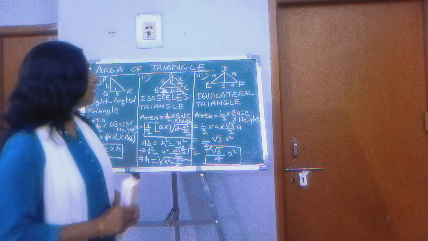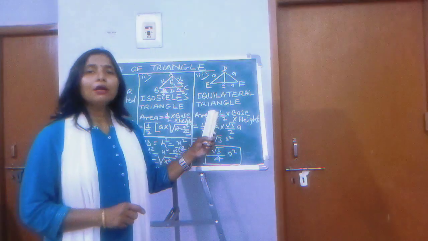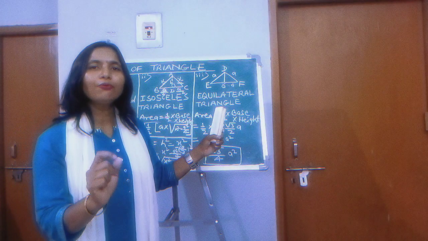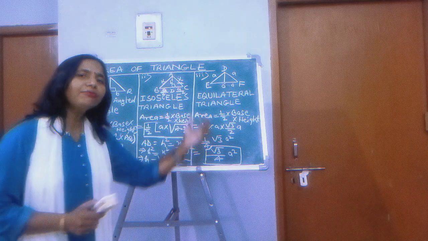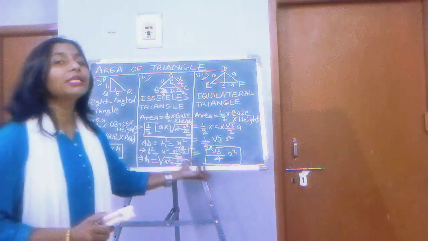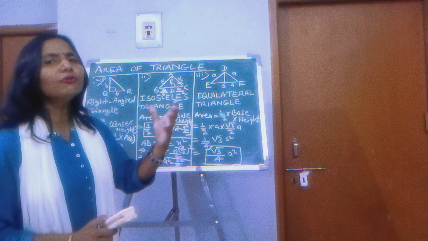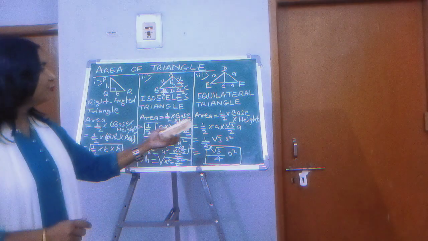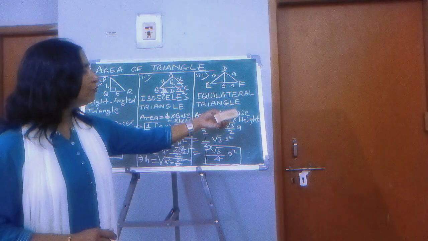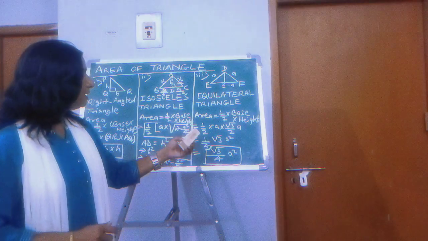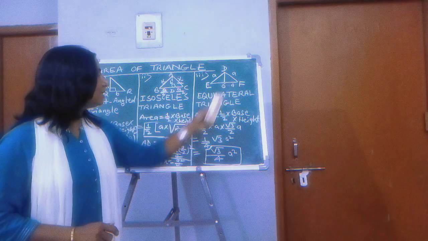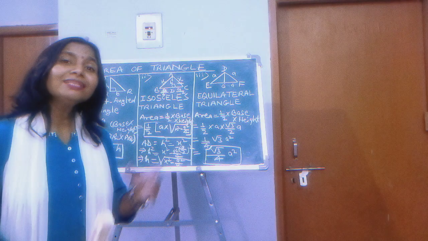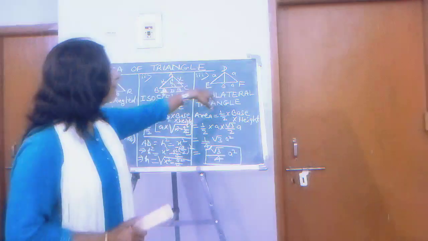So first of all, we will take the general formula to find the area of a triangle, and then we will try to find a particular formula for the area of an equilateral triangle. So as usual, area of triangle is equal to 1 by 2 into base into height. Base is A unit. Now the question is finding the value of height.